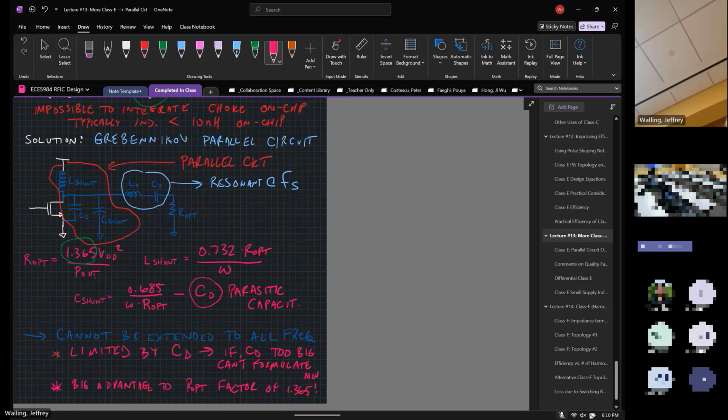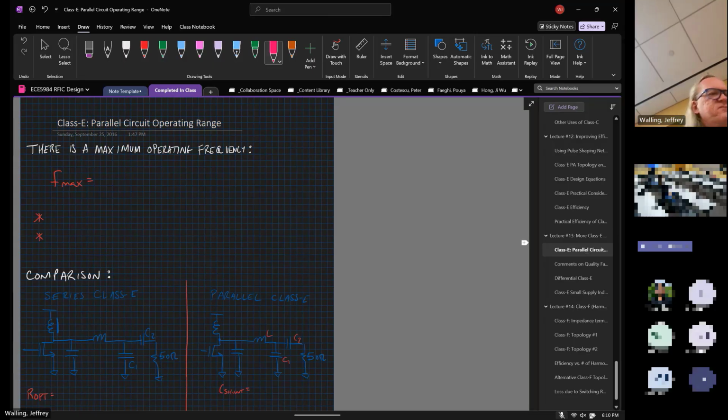Now, Grebenikov would have also helped us out with finding a maximum operating frequency for this device, and that's dependent upon the drain capacitance that we have. So the maximum operating frequency is equal to 0.798 times R out over CD times VDD squared.